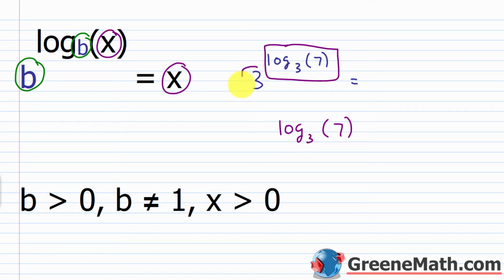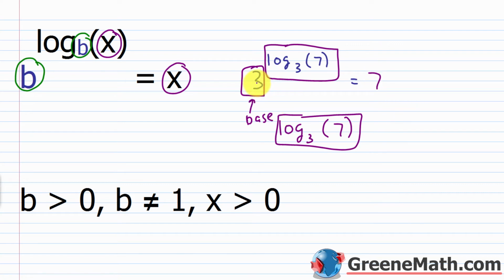Well, my base here is 3. 3 is being raised to this guy right here, which again is the exponent that 3 must be raised to obtain 7. So whatever that value is, it doesn't matter. 3 is being raised to it, so I'm going to obtain 7, right?